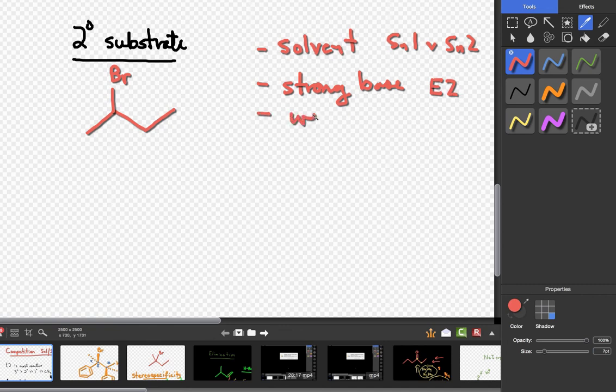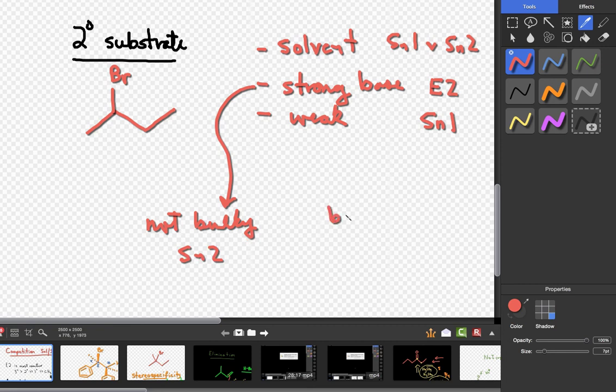If I have a weak base or a weak nucleophile, it's going to follow the Sn1 pathway. Now, when we talk about strong base, if it's not bulky, you're looking at Sn2. But if it's bulky, then you're looking at E2.